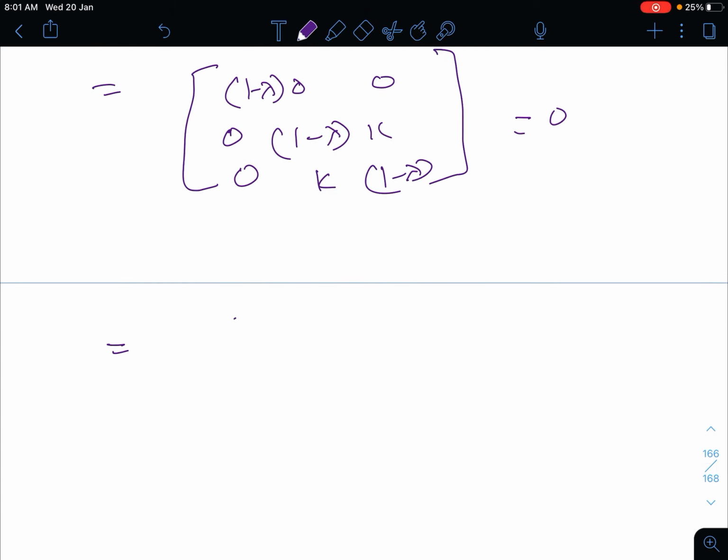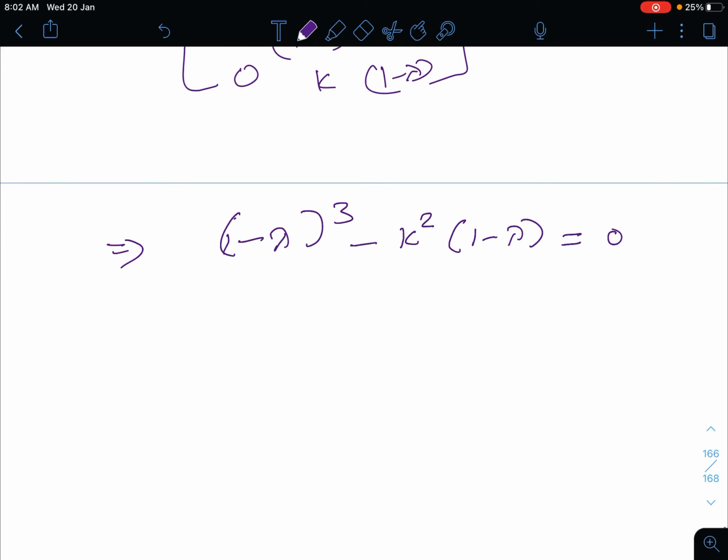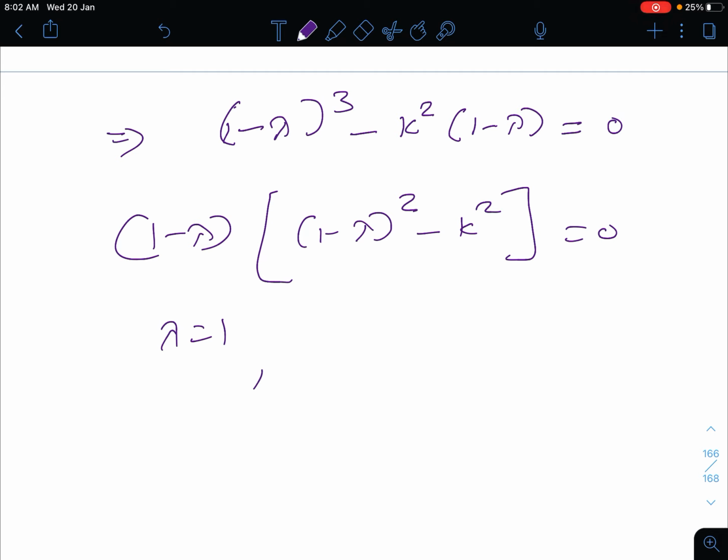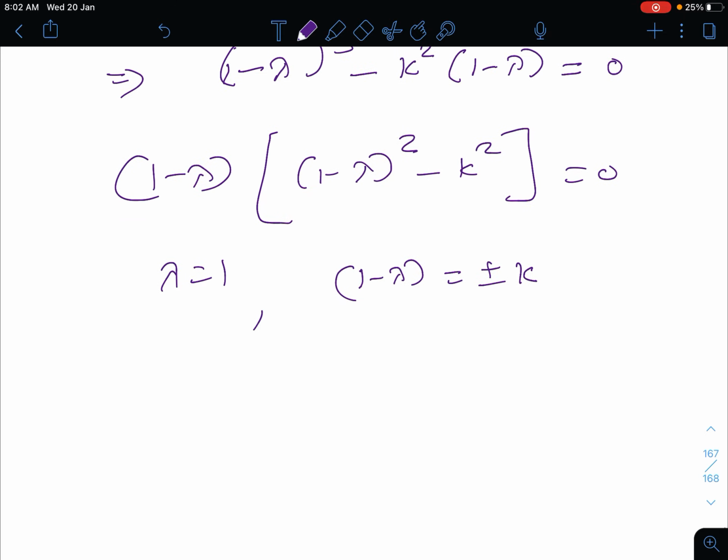So that will be getting... There is a chance you may get confused here: this lambda is not the other lambda, this is the lambda used to find the eigenvalue. So 1 - λ all cube minus K square into 1 - λ is equal to 0. So 1 - λ into (1 - λ) whole square minus K square is equal to 0. So lambda is equal to 1 and 1 - λ is equal to plus or minus K. Clear?